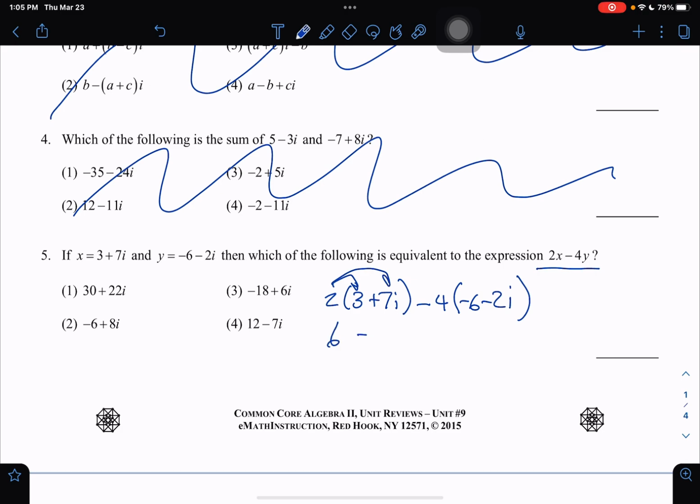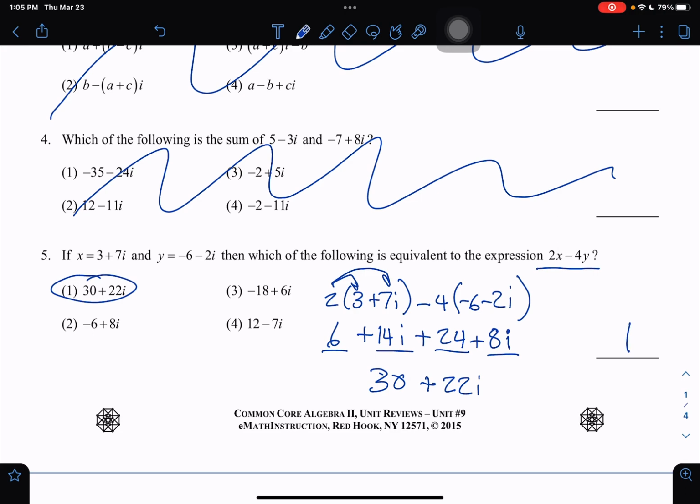So we get 6 plus 14i plus 24 plus 8i. Okay, and then we can put the 6 and the 24 together. We get 30. And we can put the 14i and the 8i together and get 22i, which is number 1.